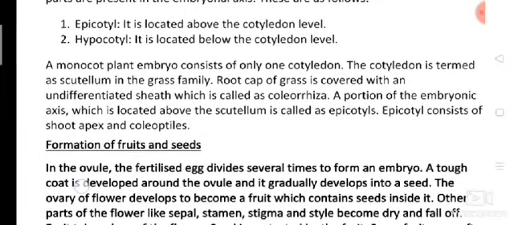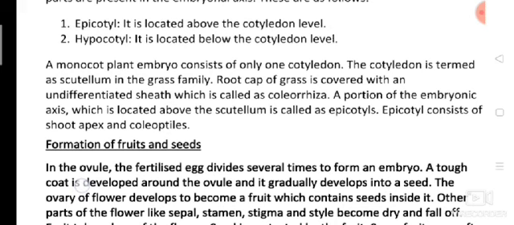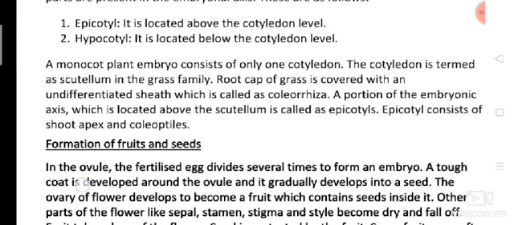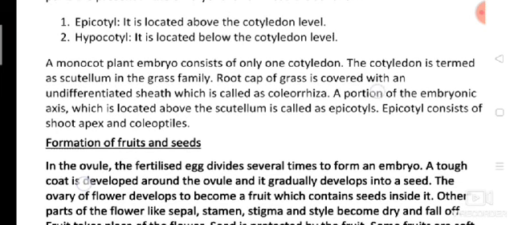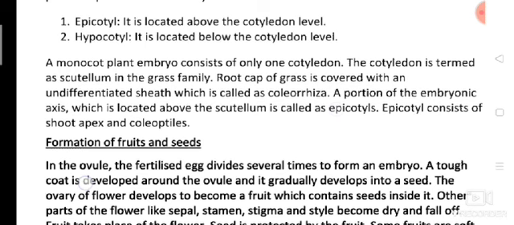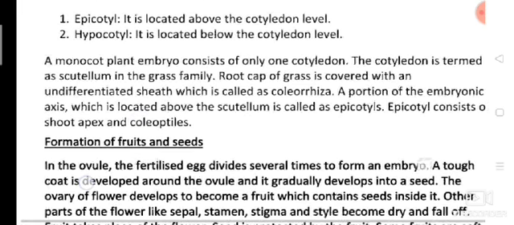The cotyledon is termed the scutellum. In the grass family, the root cap is covered with an undifferentiated sheath which is called coleorhiza. The portion of the embryonic axis located above the scutellum is called the epicotyl. Epicotyl consists of the shoot apex and coleoptile.